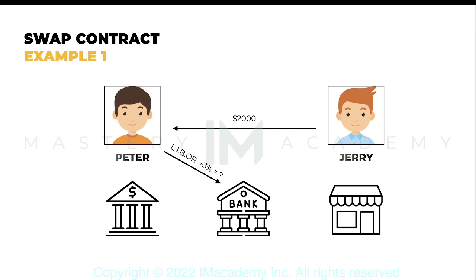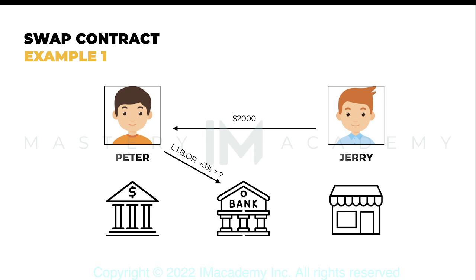Now Jerry gets what he wanted. He wanted initially predictability, so now Jerry knows that every single month he will be paying $2,000 no matter what happens. At the same time, Peter potentially has an ability to make profits.